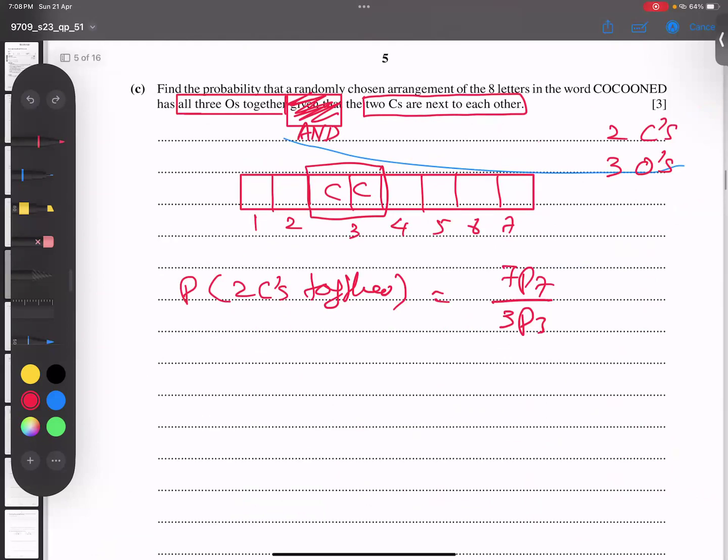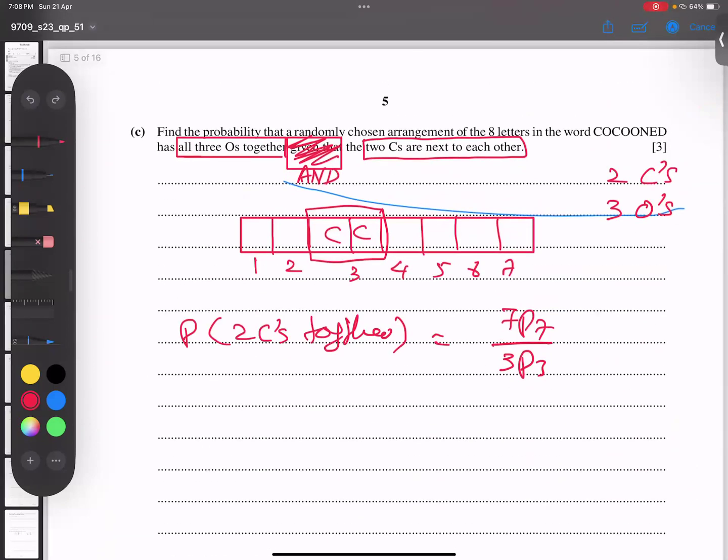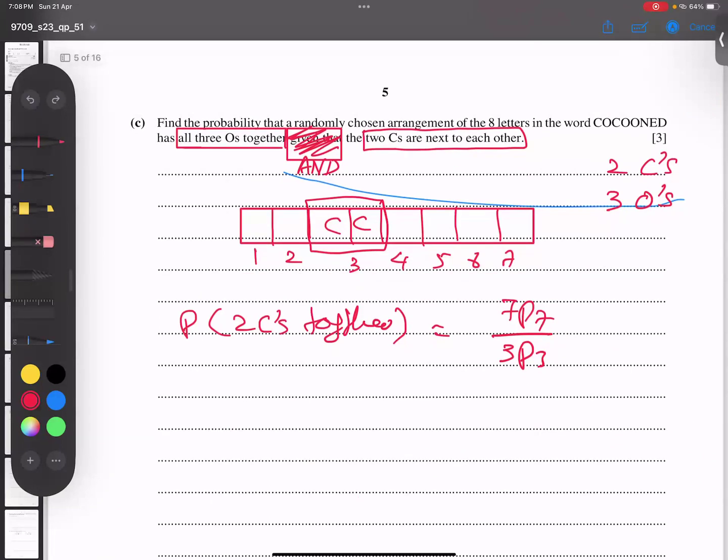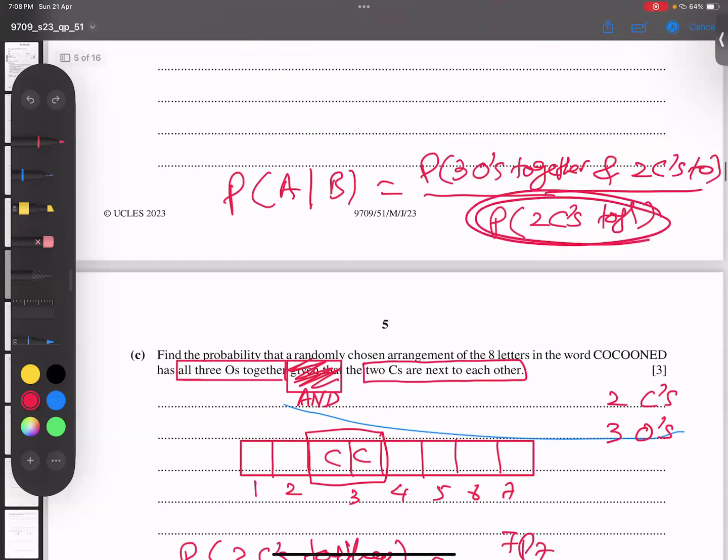So this is the answer for when they are together. Now, students, I'll talk about the other part. I discussed the denominator part; let's talk about the numerator part: three O's together and two C's together.